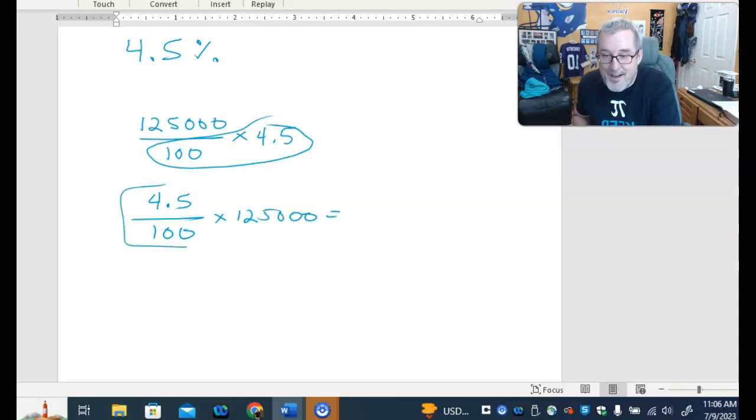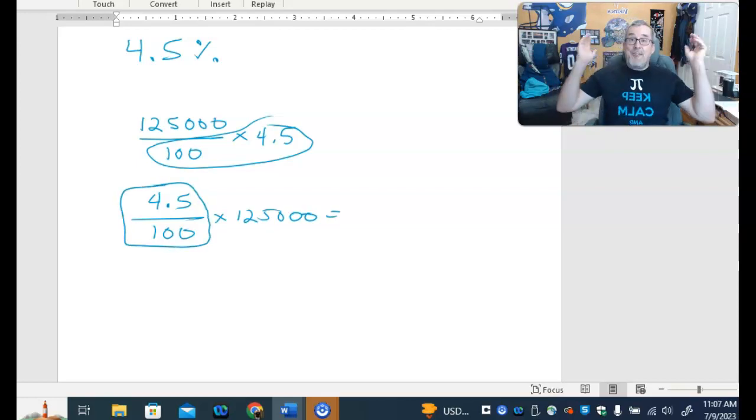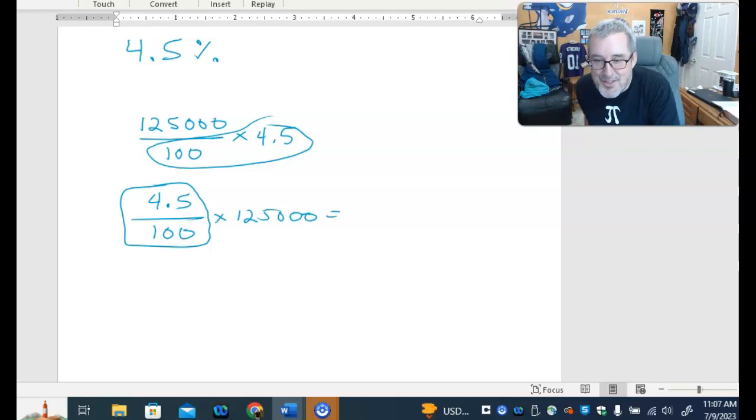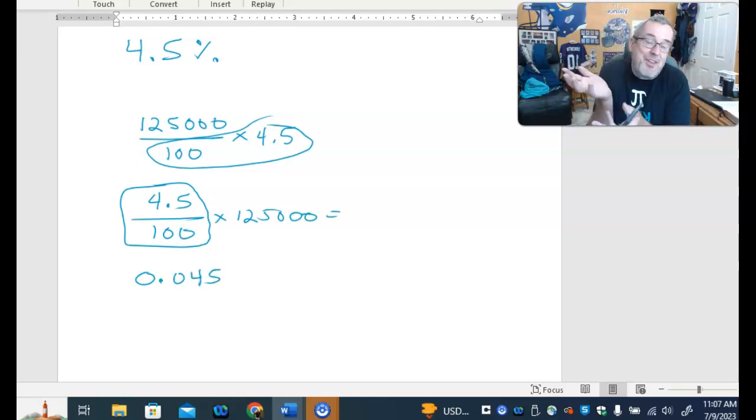Now, 4.5 divided by 100, 4.5 per 100, 4.5%, and dividing by 100 would give you 0.045. There's the moving the decimal thing that maybe you remember from school. You would have moved it to the left.